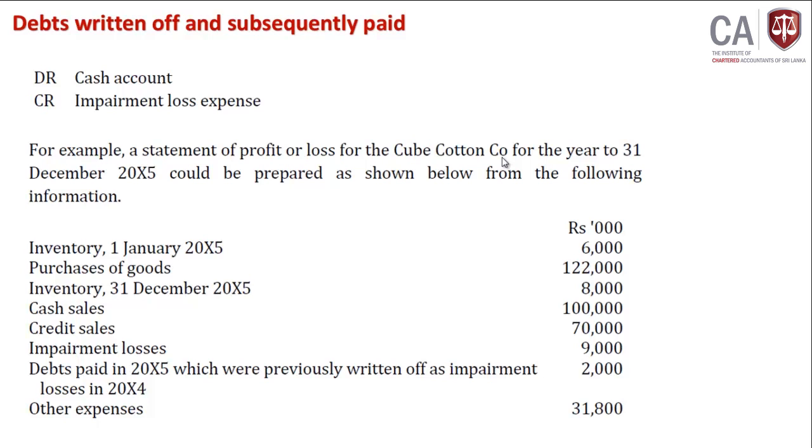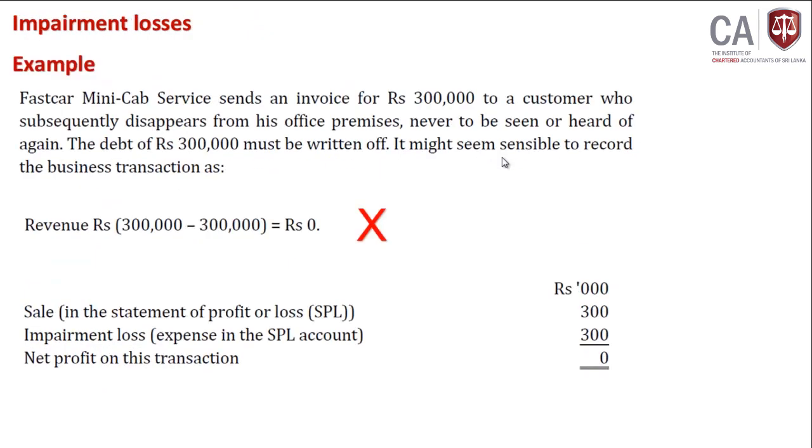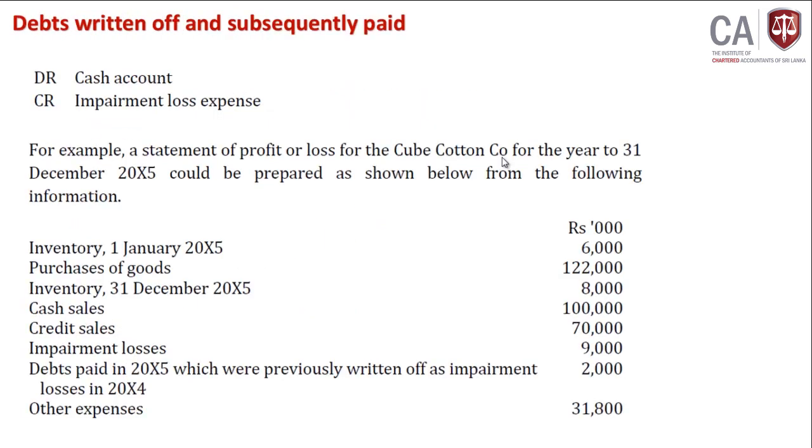Now the question is, you have to figure out the profit of the organization. Read the information in the question again. Then we'll try to figure out the year-end profit. These are simple questions. We'll start from simple questions, and in future we will discuss some complex questions, right?